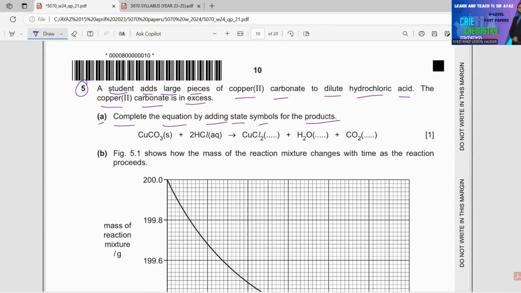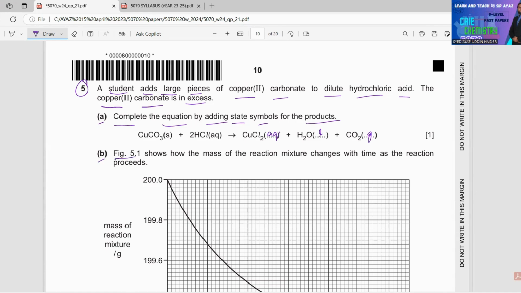You have reactant CuCO3 solid plus 2 HCl aqueous gives CuCl2. So recall all chlorides are soluble except lead, mercury, silver. So it should be soluble. So I will use aq for this. H2O, water exists in the liquid state. So I will use l. CO2 is carbon dioxide. It exists in the gas state. So I will write g here.